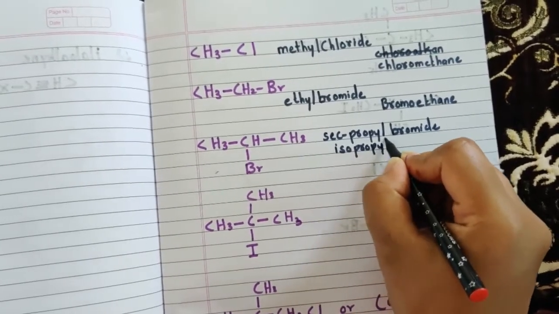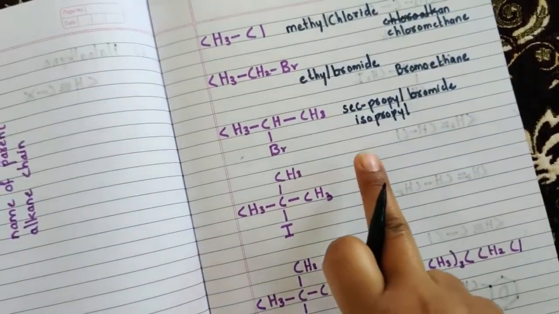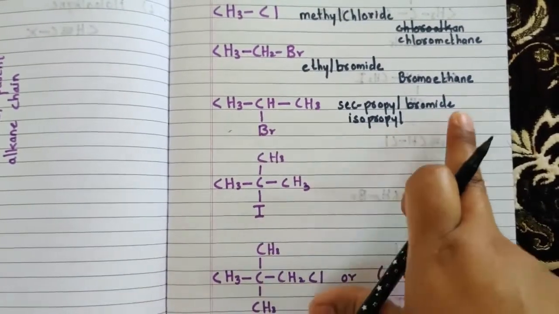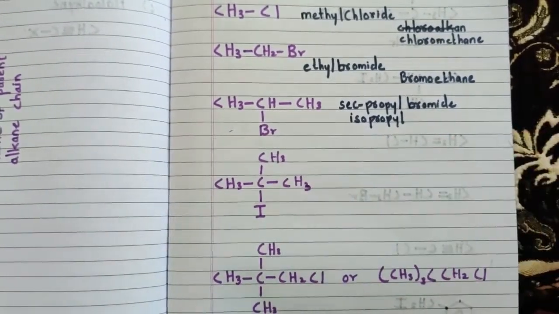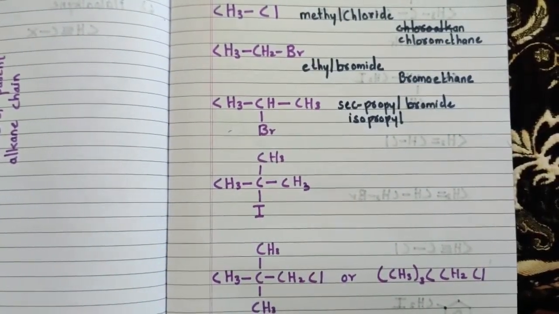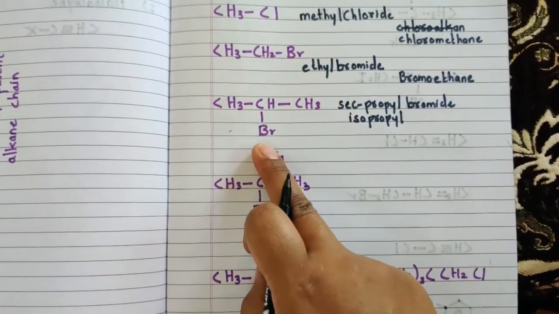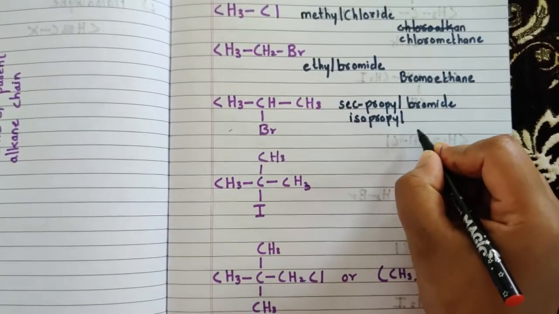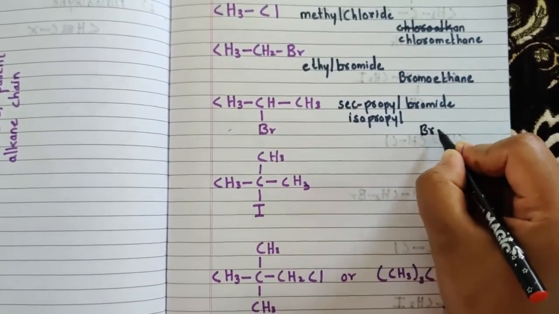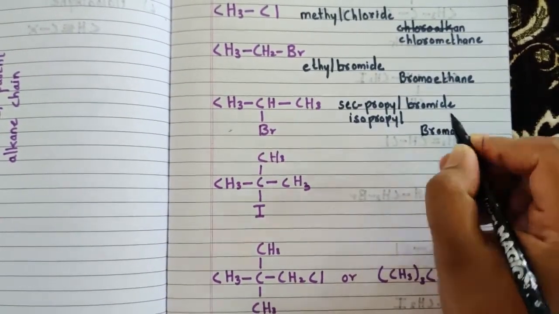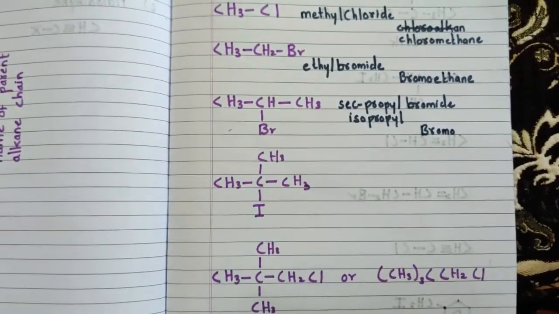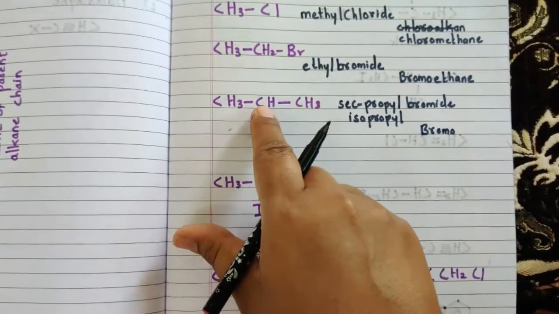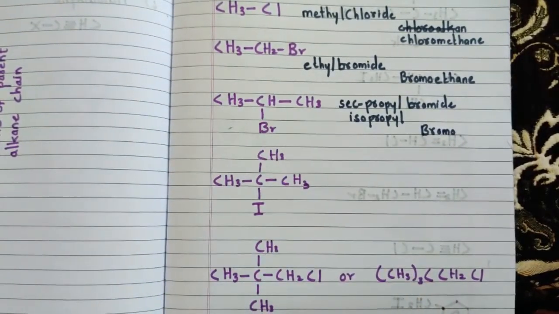Now this secondary propyl group can also be named as isopropyl. Both are correct. Isopropyl or secondary propyl bromide, and its IUPAC name would be what? First, what is your halogen? It is bromo, so you will write bromo. Now, what is your alkane? It is 1, 2, 3, that is propane.